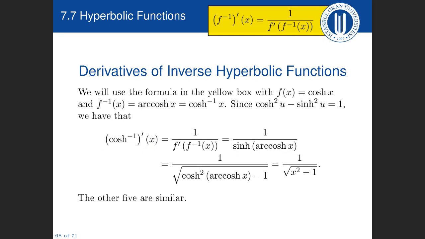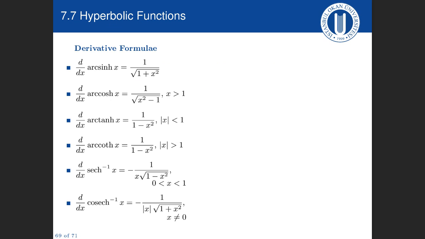The other five are similar, so I'm not going to prove them. I'm just going to tell you the six different derivative formulae, which again you have on your formula sheet. The derivative of arcsinh is 1 over the square root of 1 plus x squared.